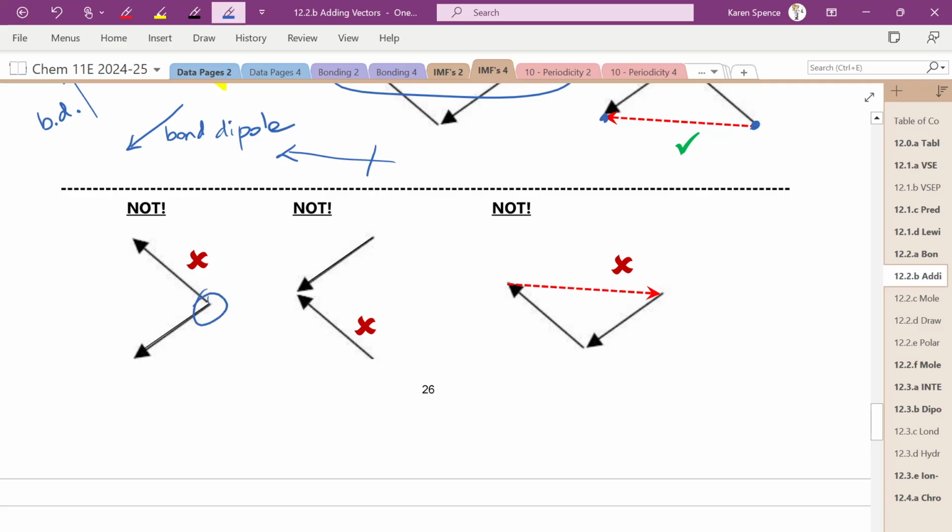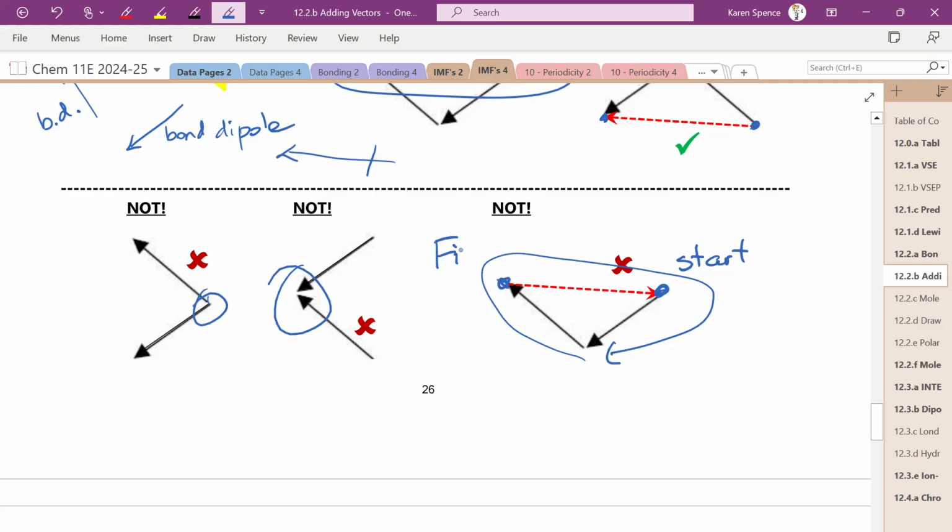Okay, I don't put two tails together. I don't put two heads together. I don't go around in a circle because I need to start and I need to finish, no matter whether I do it in a two-part step or in one shorter diagonal line.